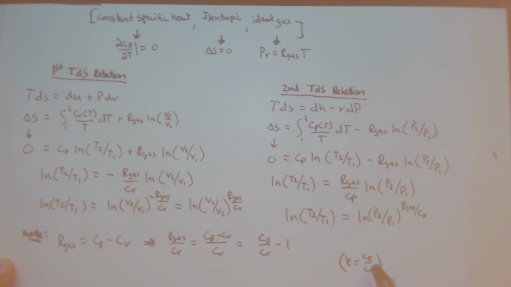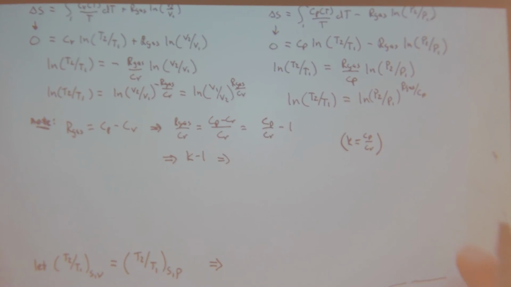And K is equal to Cp over Cv. So this all just gives me K minus 1, which then implies that K is equal to minus 1. So let's move up a little bit.